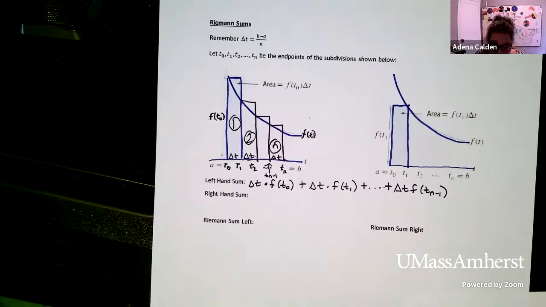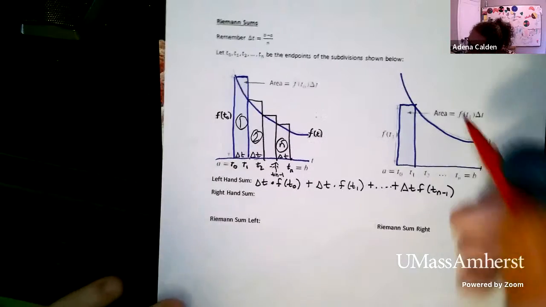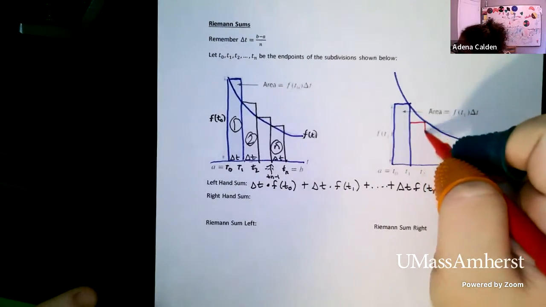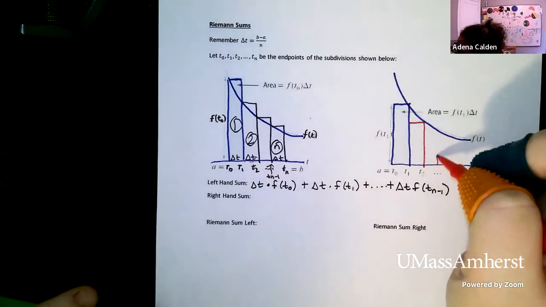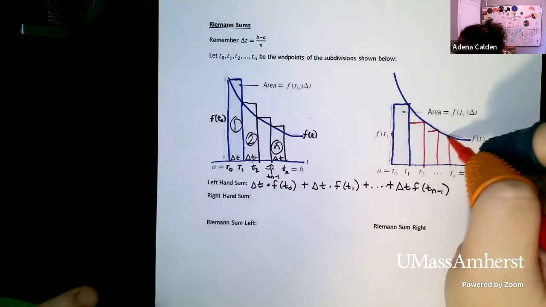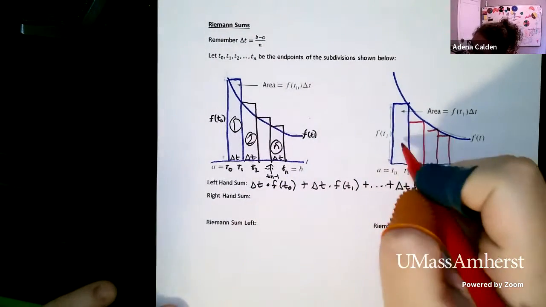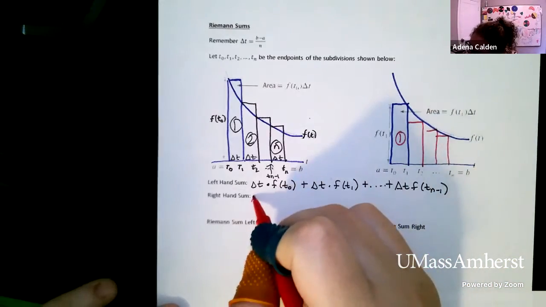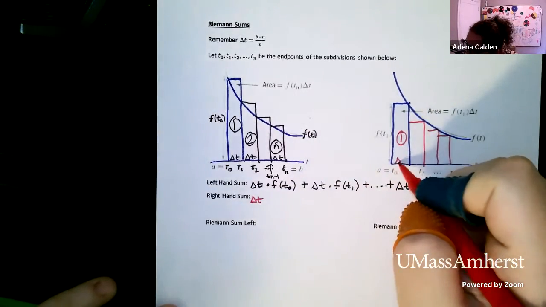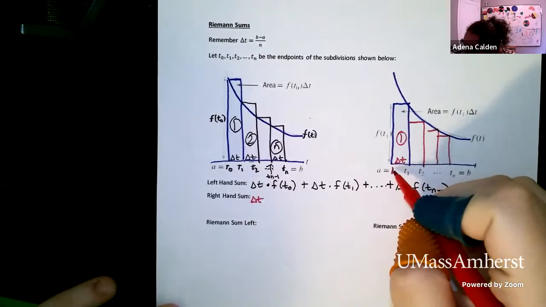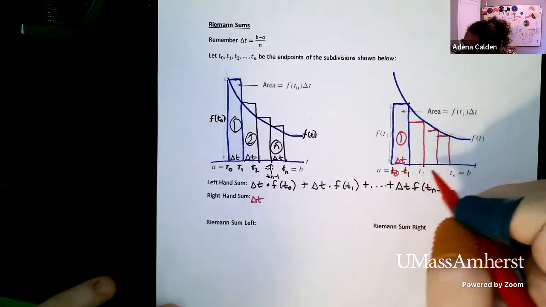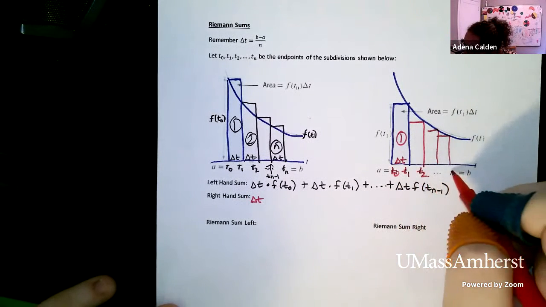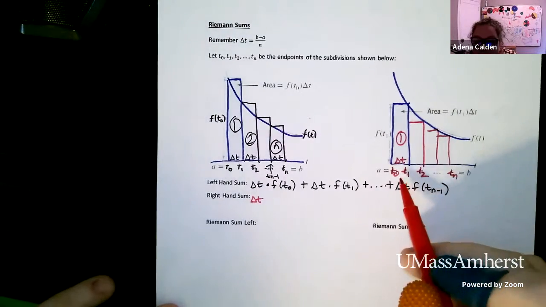We can do the same thing if we want to do a right-hand sum, which is the picture over here. Can't see these as well, so I'm just going to highlight them here, where we know that each rectangle is going to have a width of delta t, only now when we're picking our subscripts, we're going to be picking the rightmost point.